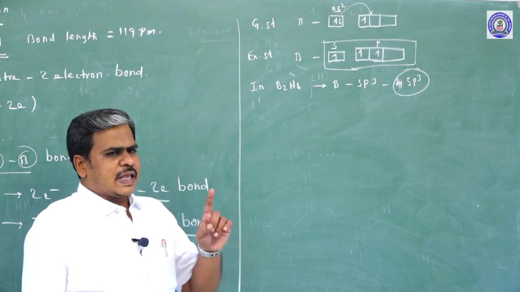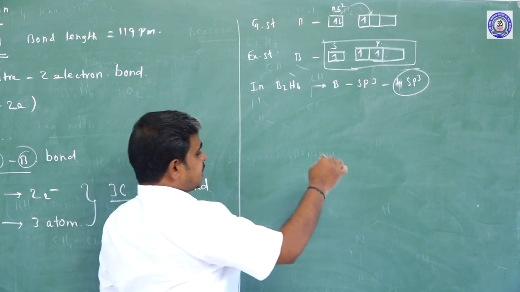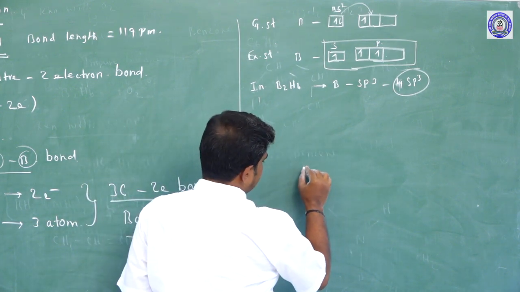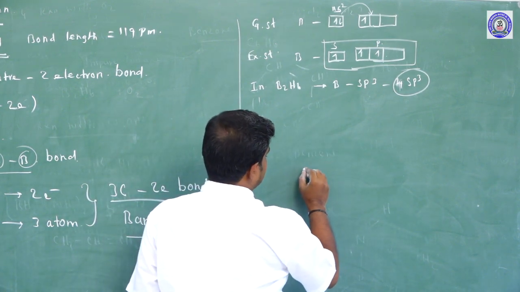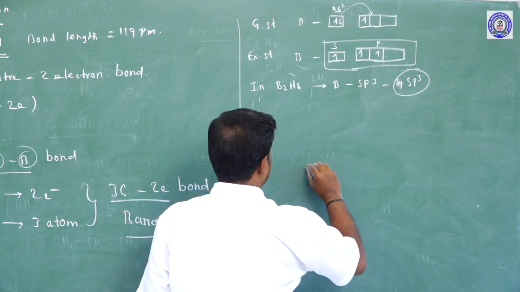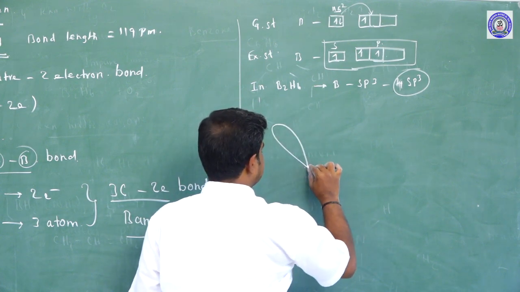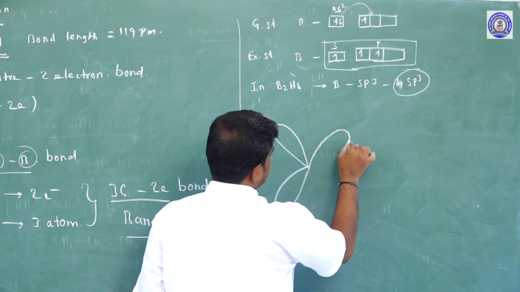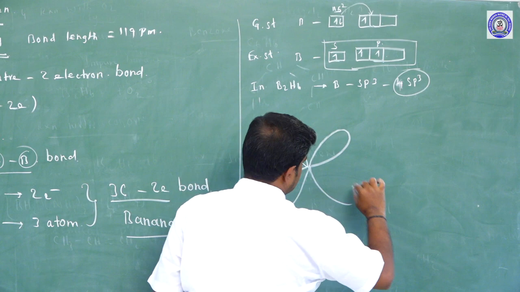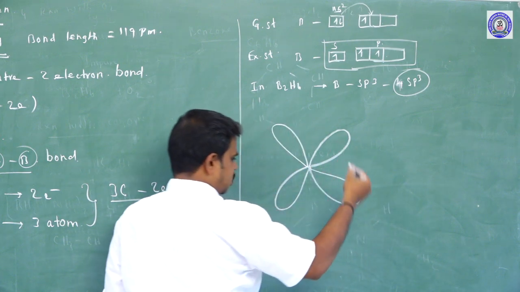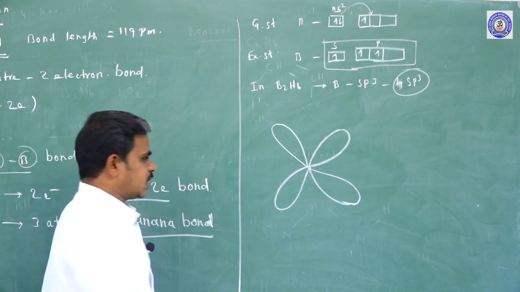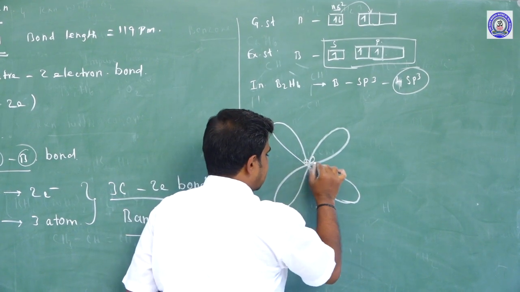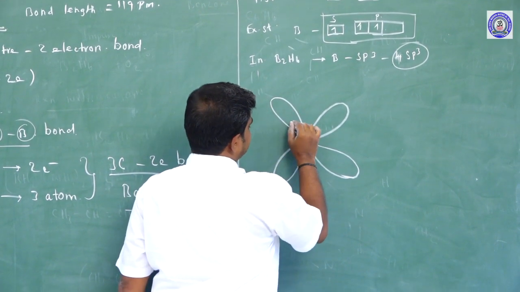Now the sp3 hybridization gives 4 orbitals, so here for boron we take 1 sp3 and another sp3, another sp3, and another sp3 hybridized orbital.